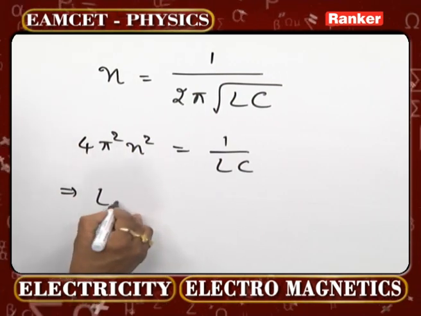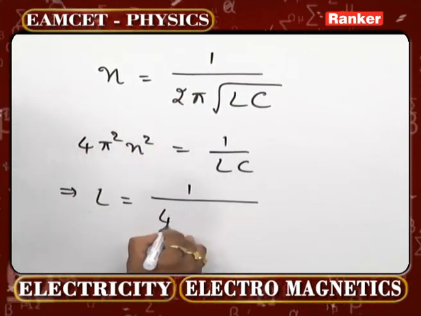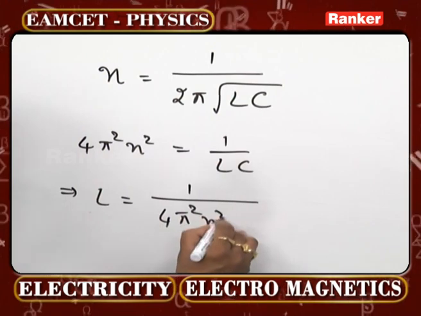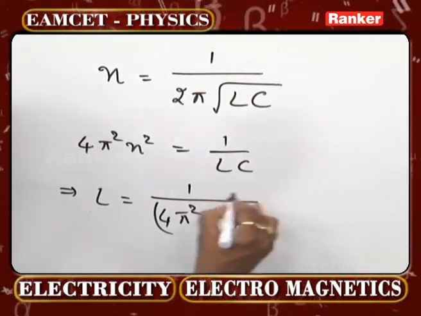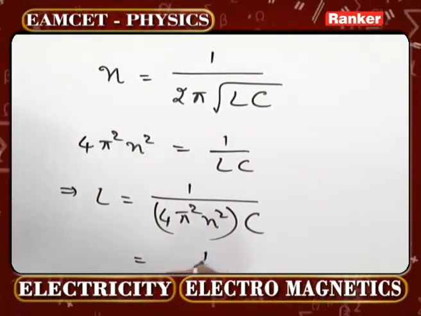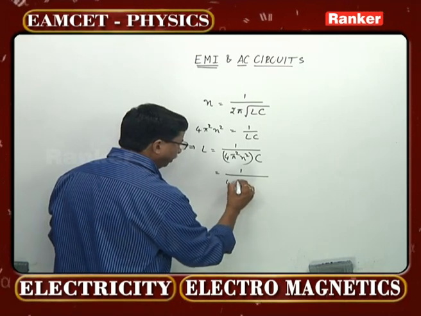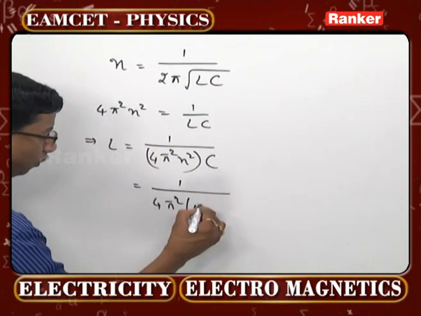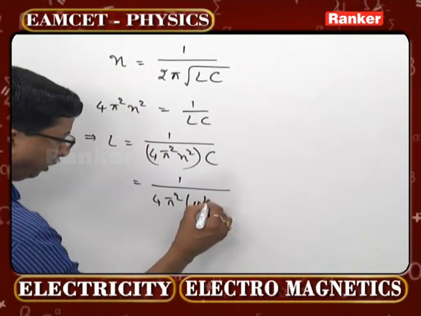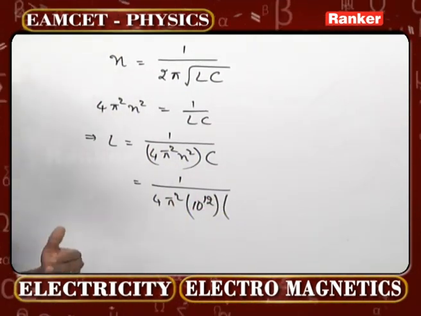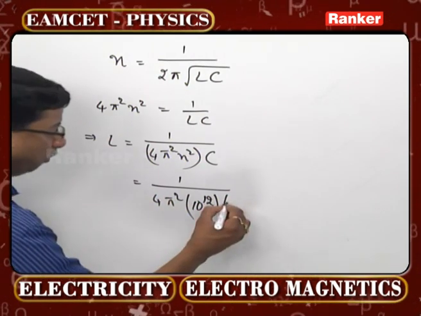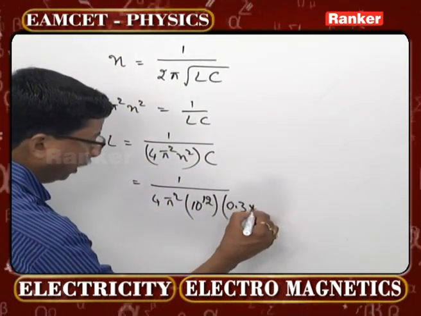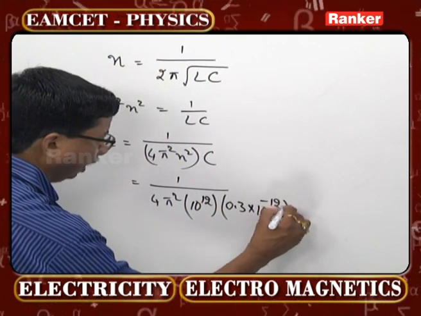So what can we write? L is equal to 1 by 4 pi square N square into C. Every value of course we know: 4 pi square into N, which is given as 1 megahertz, so 10 power 6 whole square, 10 power 12, into the capacitor value given, 0.3 picofarad, 10 power minus 12 farad.